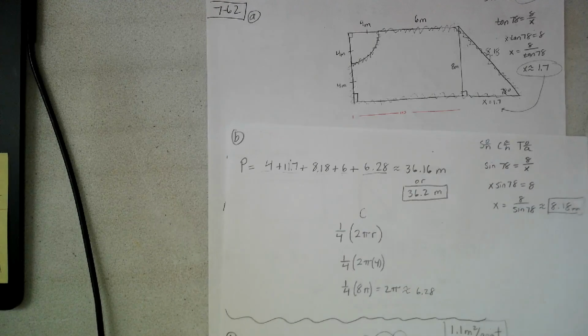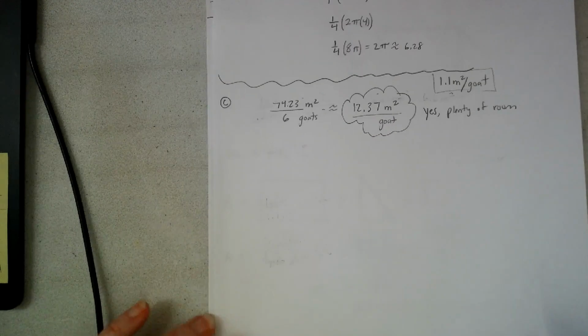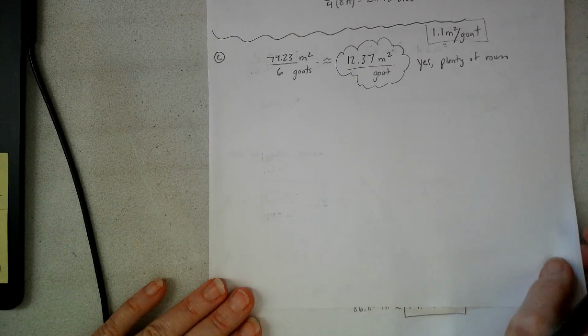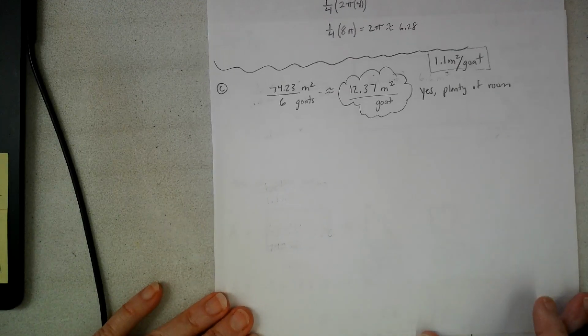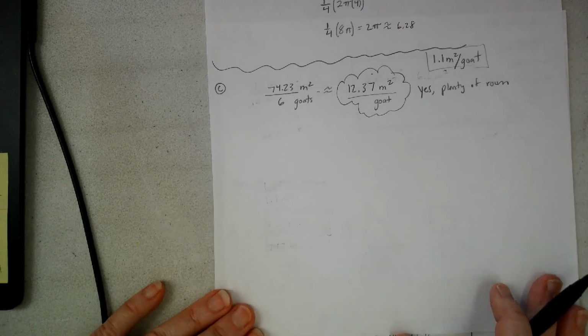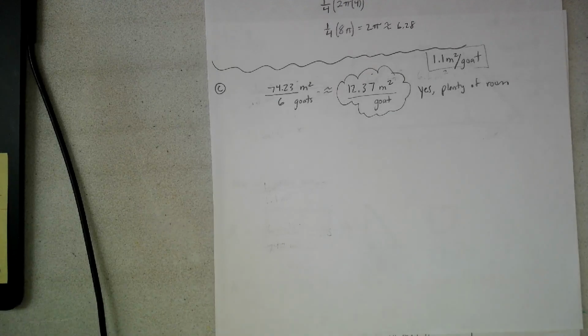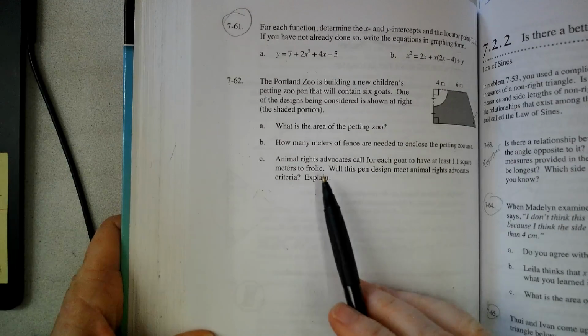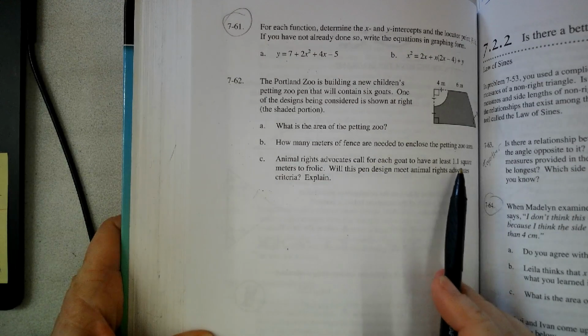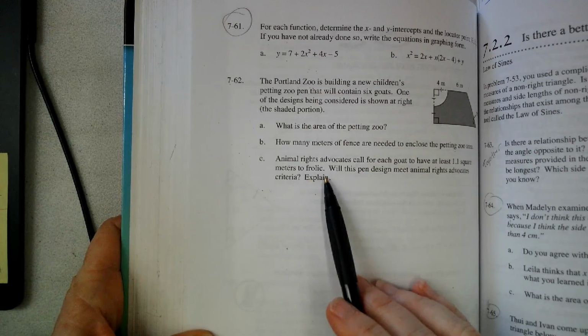Okay, and then letter C, there's a typo. Surprise, surprise. There's a typo not in your book, but in your answer book. So your problem says something like, the animal rights advocates call for each goat to have at least 1.1 square meters to frolic.